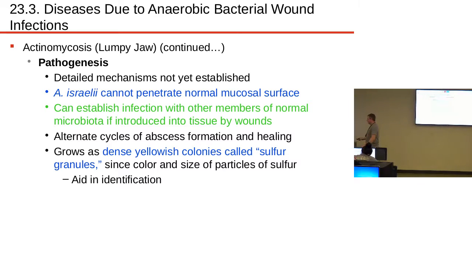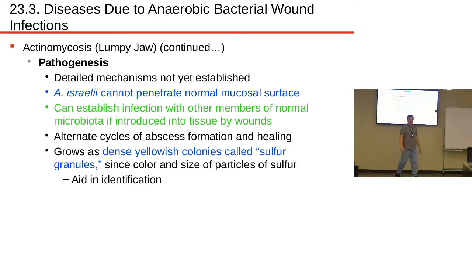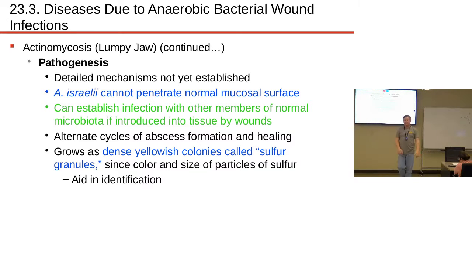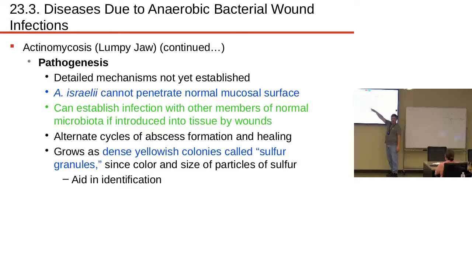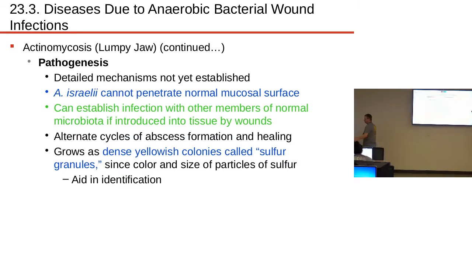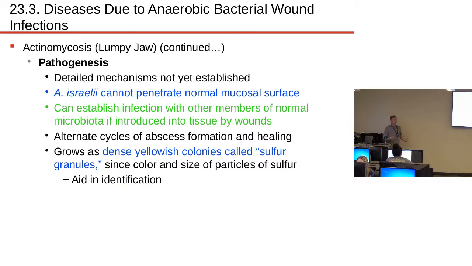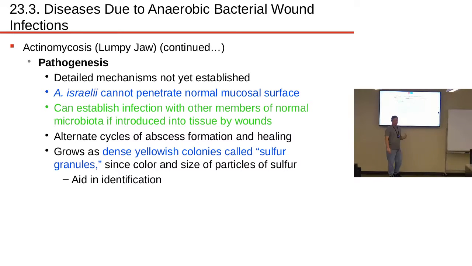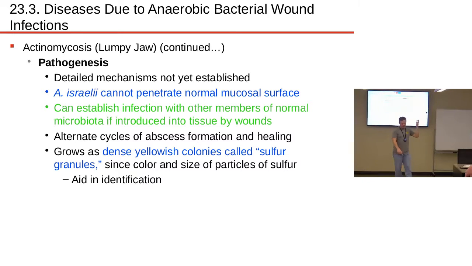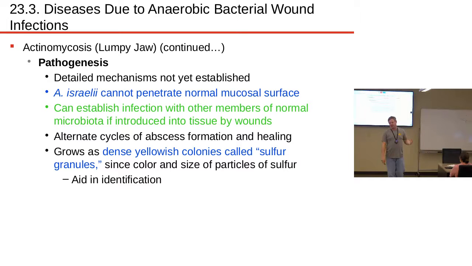The actual bacterium cannot penetrate normal mucosal surfaces. So it's not designed to be a pathogen by nature. It's an opportunistic pathogen. And the only way it's going to establish an infection is if it's introduced into a wound. One of the telltale symptoms that we can see is these yellowish colonies when we look at it under the microscope, and we call those sulfur granules, because sulfur, if you look at sulfur as an actual molecule, has a yellowish color to it.